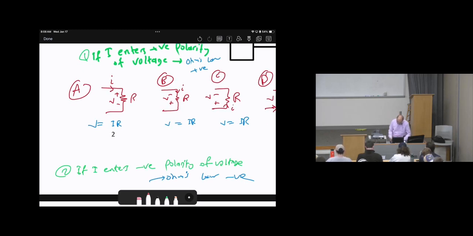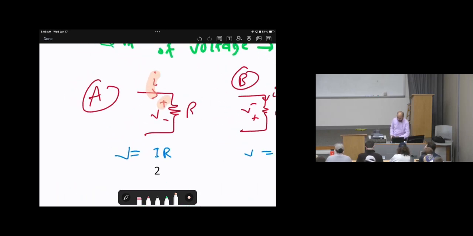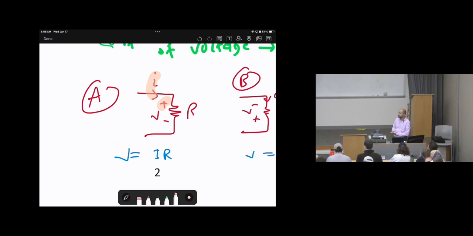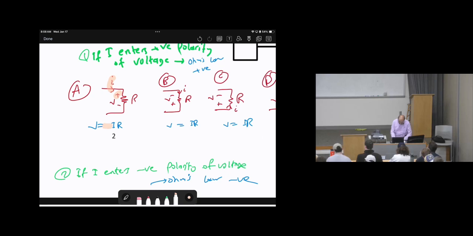Look at scenario A. Look at the current direction and voltage polarity. Is the current in scenario A entering the positive or the negative? The positive. So Ohm's law will be positive. Scenario B, the current enters the negative. So what do you think Ohm's law will be? Negative.